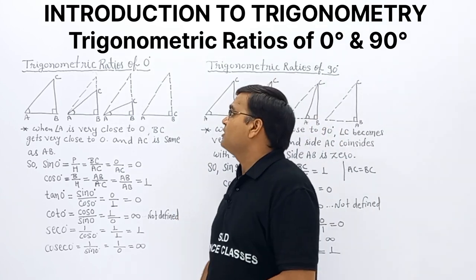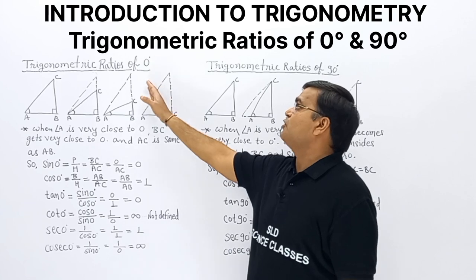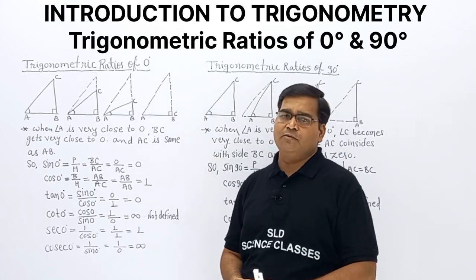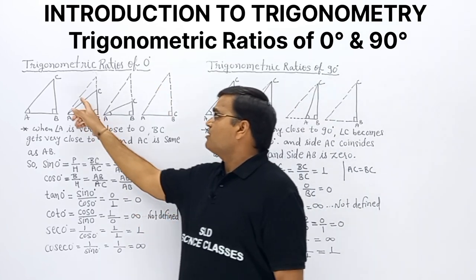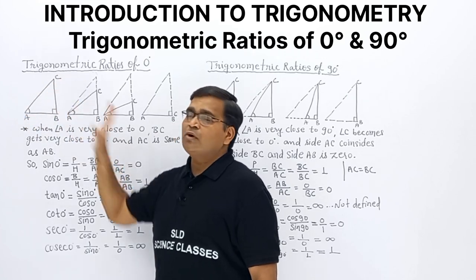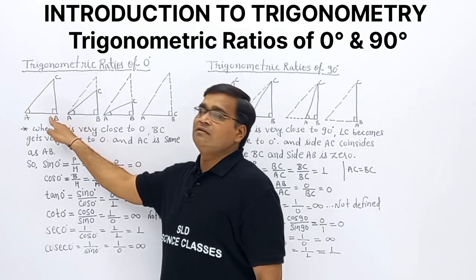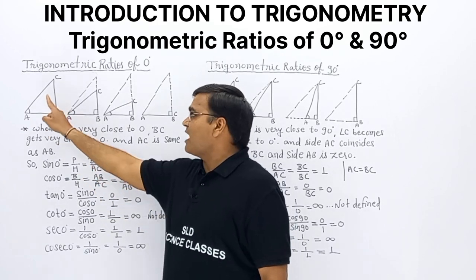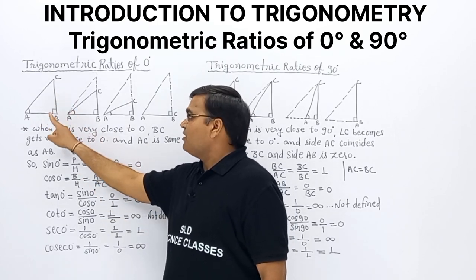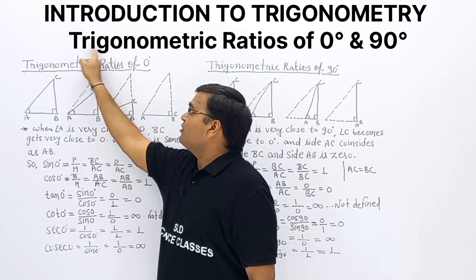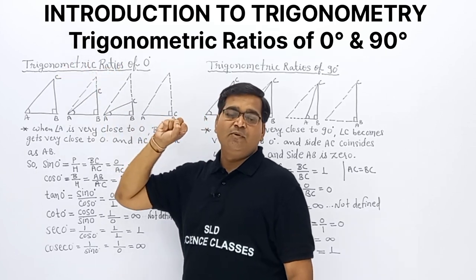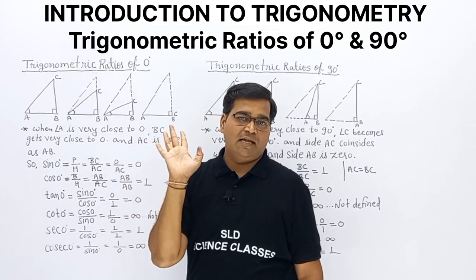So what about trigonometric ratios of 0 degree? Observe, we have one right triangle, right angled at B. For finding trigonometric ratios we consider a right triangle.